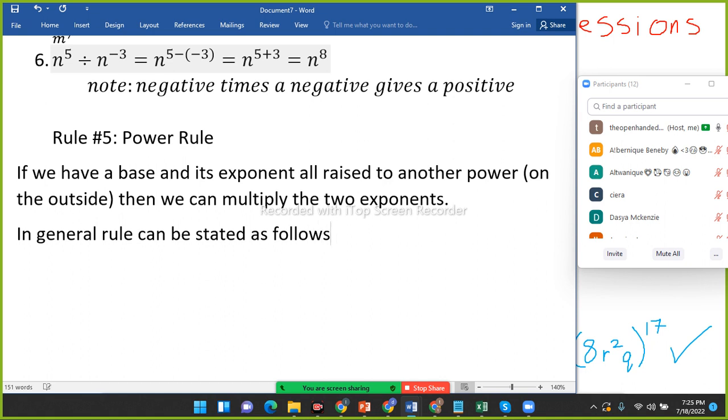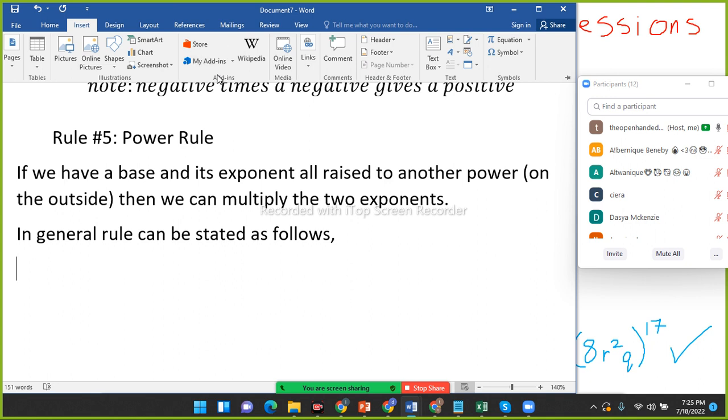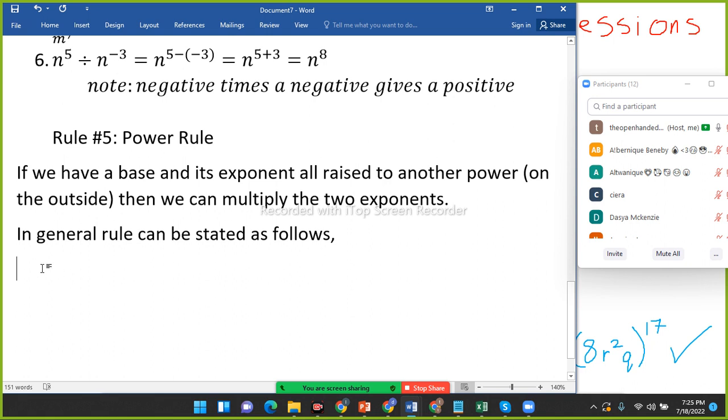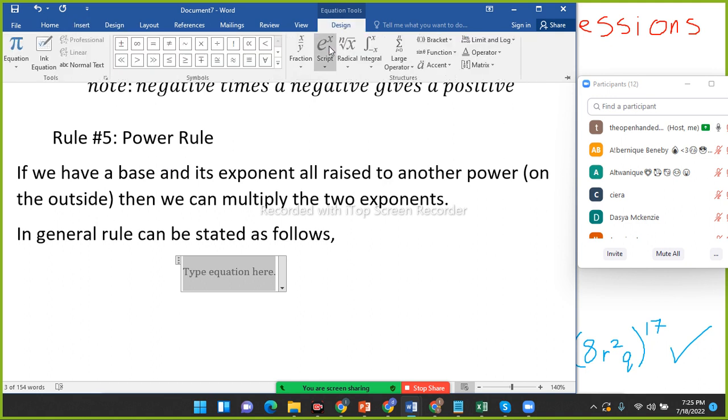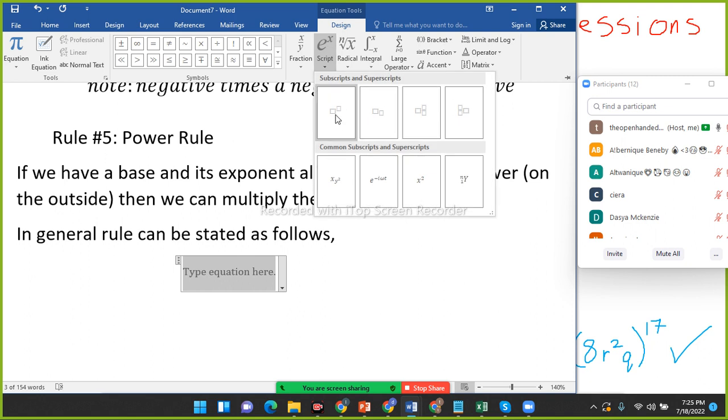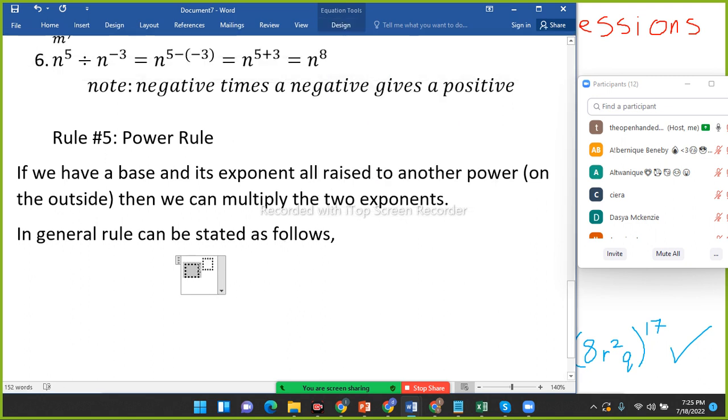So for example, let me space this out some more. Let's say I need to put them in brackets first. Oh, that's interesting, so it's a double exponent.